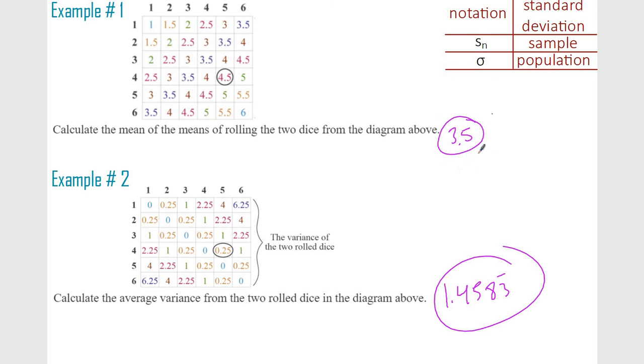Now, 3.5 is a good estimate of the means, because that is how you get the mean. You add them all up and divide by how many there are. We want to see if this is a good estimate of the variance. Well, the actual variance, I'm sorry, I said standard deviation earlier, is 2.916 repeating.